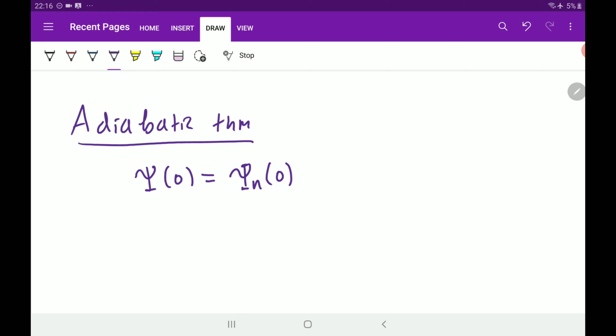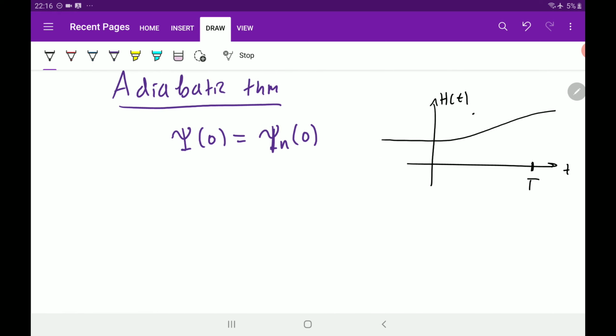Suppose that psi, the actual wave function, starts off in the nth eigenstate at time t equal to 0, and the Hamiltonian is very slowly moving. Let's say that the time scale at which the Hamiltonian changes is given by T.